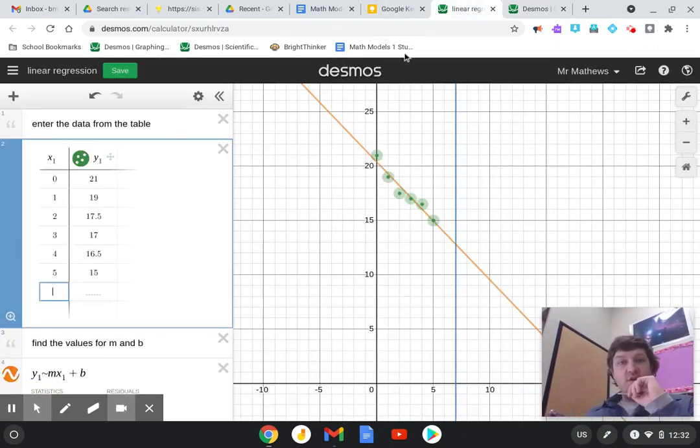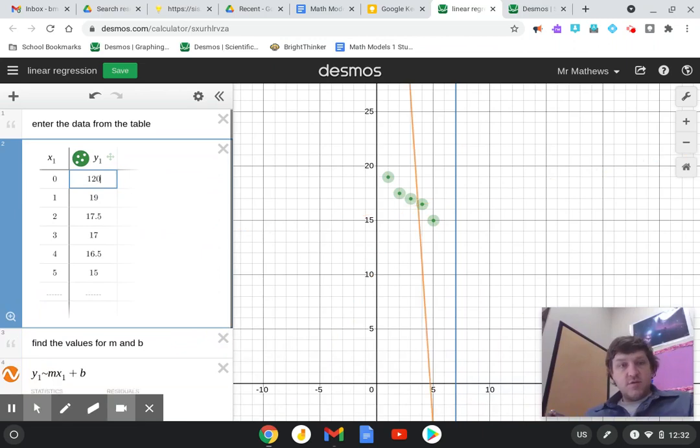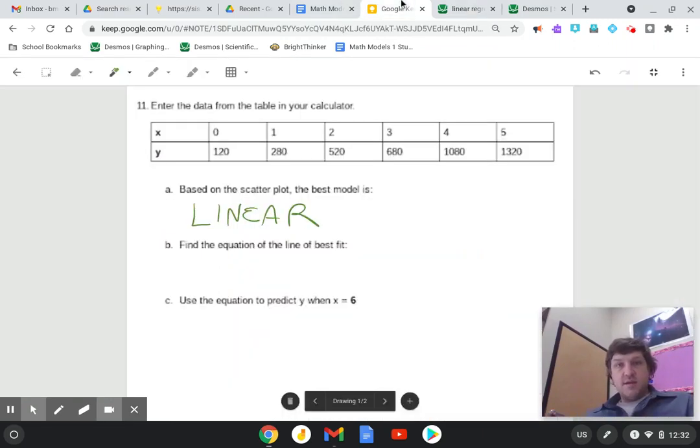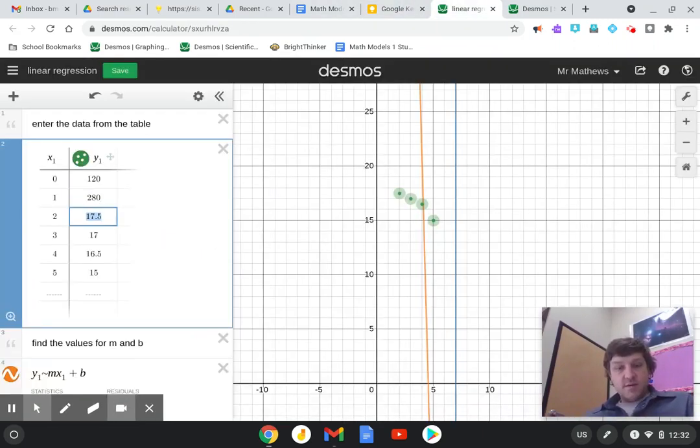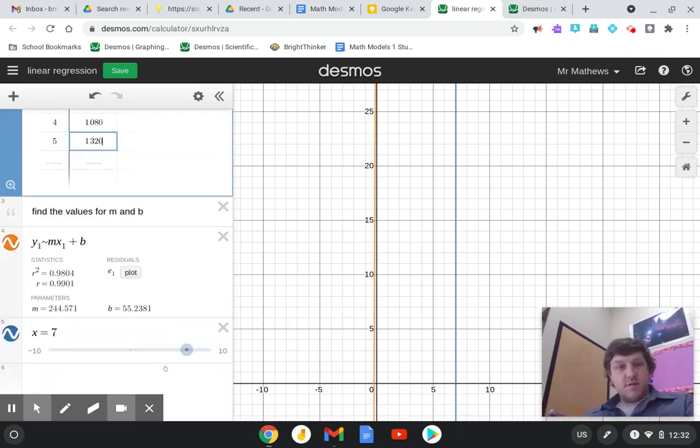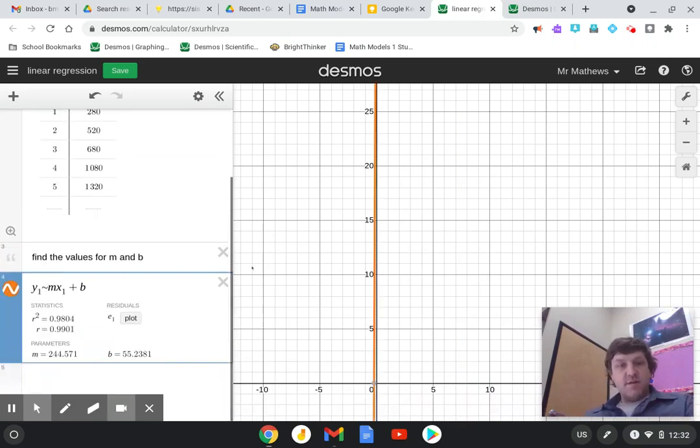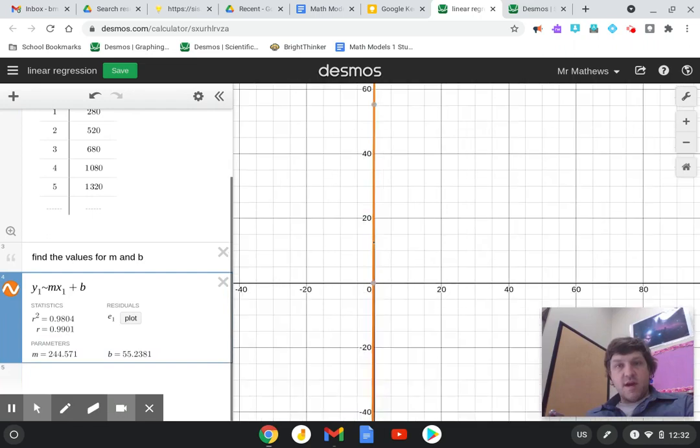And we have 120, 280, 520, 680, 1080, and 1320. All right, so we're going to get rid of this x equals line for now. We have our line.